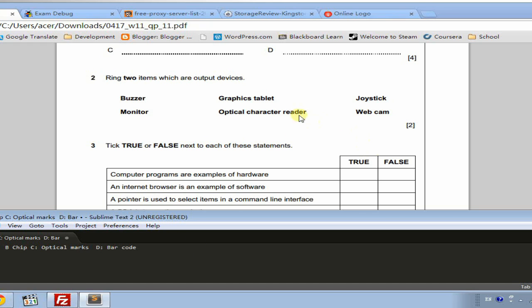So if we have a look here, we can see we've got a buzzer, graphics tablet, joystick, monitor, optical character reader, and a webcam. So which of these things are giving us things out from the computer? Obviously that would be a buzzer, which is giving us out sound, and a monitor, which is giving us out light, I suppose.